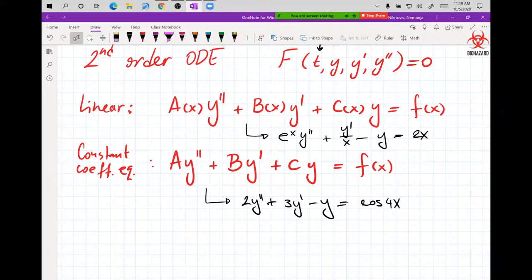The example of a nonlinear equation would be when you multiply y's together, so maybe something like y double prime plus xy prime equals, I don't know, e to the x, for instance.